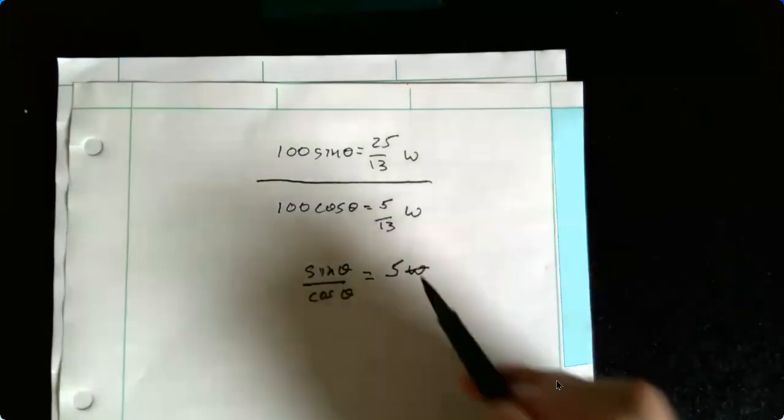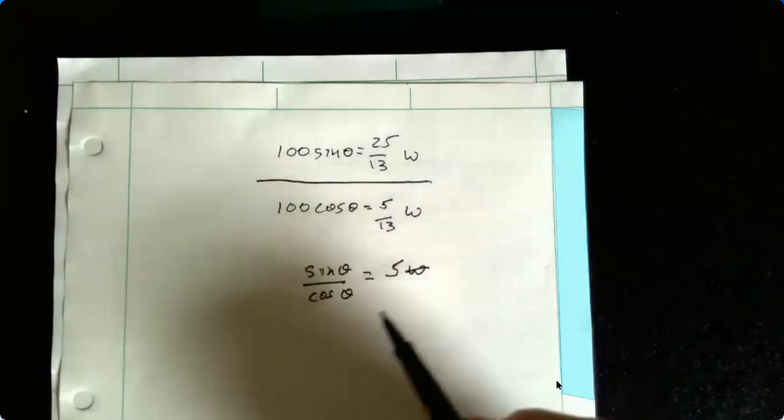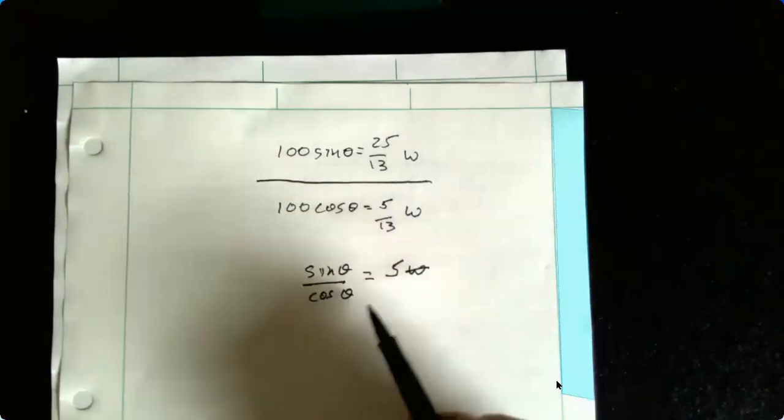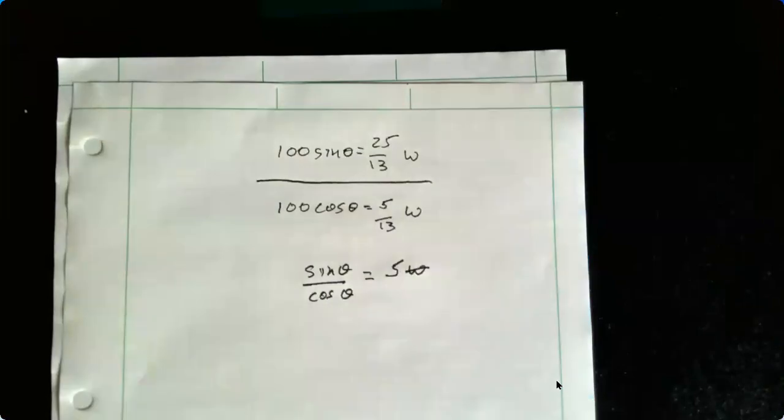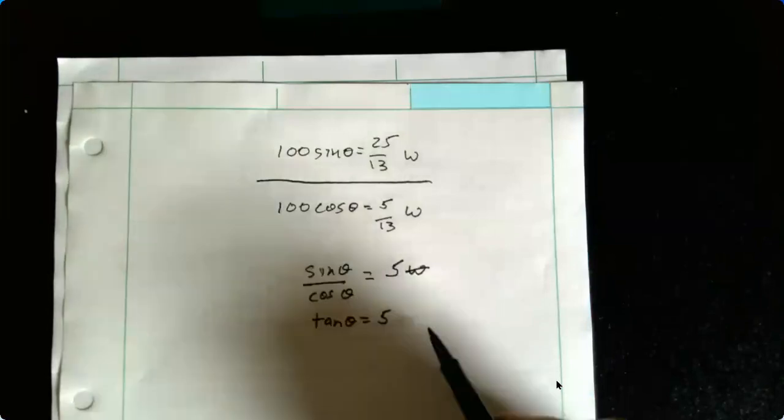So in effect, what I have is sine theta over cosine theta is equal to 5. Well, that's a tangent function. The tangent of theta equals 5. Theta then equals 78.7 degrees.